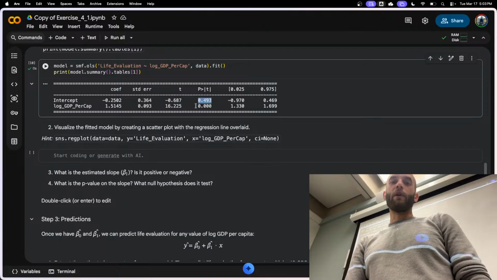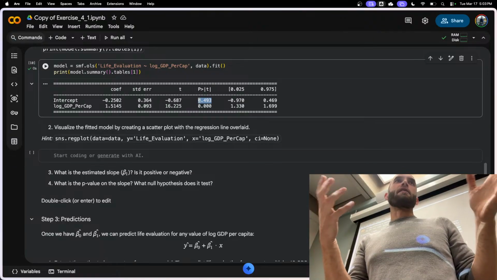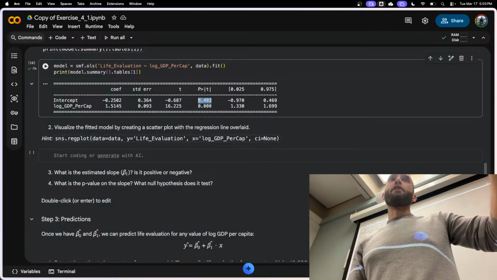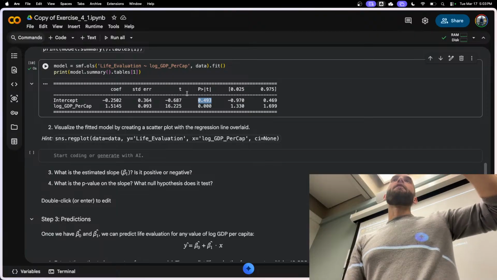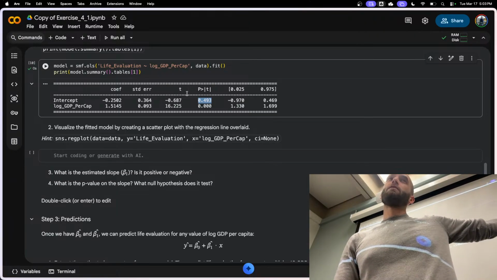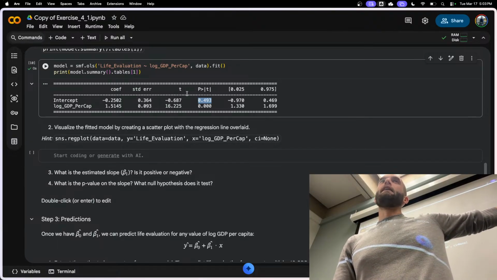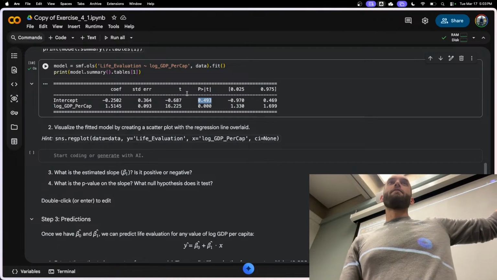We have the p-value, which is the probability of seeing something as extreme as what we do, given the null hypothesis. And the null hypothesis in these models is always going to be 0. So the null hypothesis for the intercept is that there's no intercept, that it goes through 0.